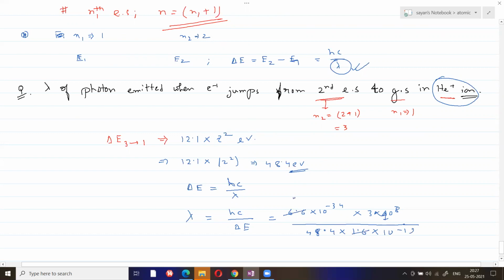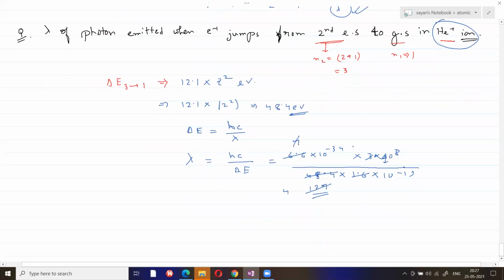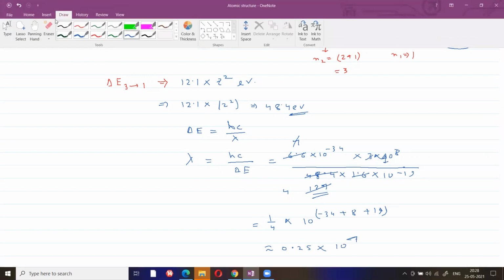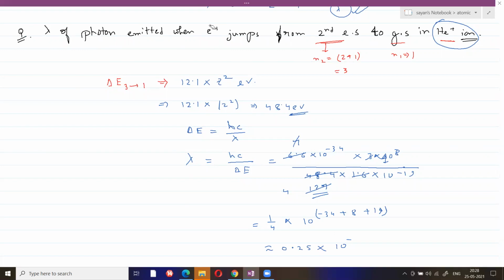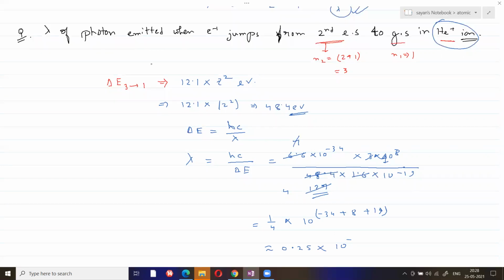So this value is nearly equal to 1 by 4 into 10 to the power minus 34 plus 8 plus 19, so nearly 0.25 into 10 to the power minus 7 meter. Any doubt regarding this part?